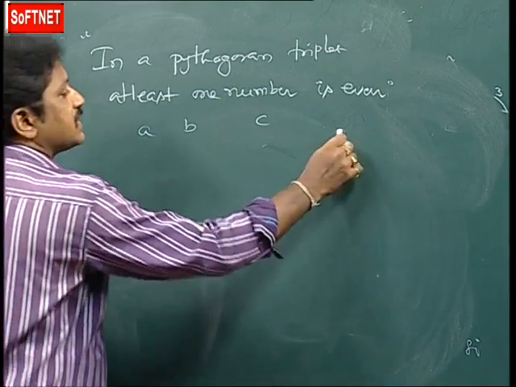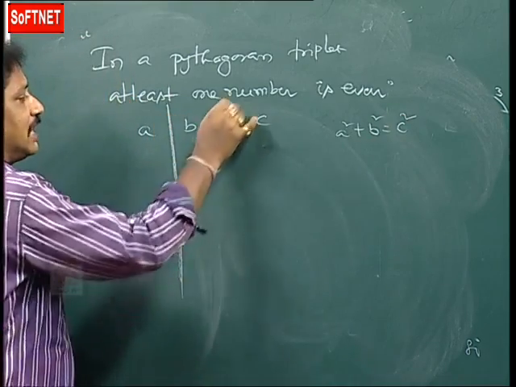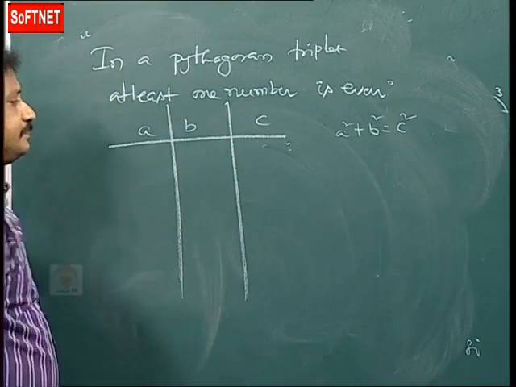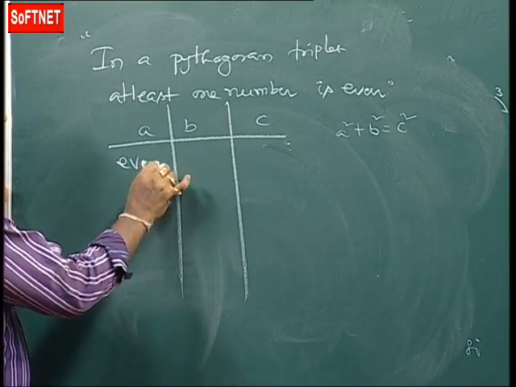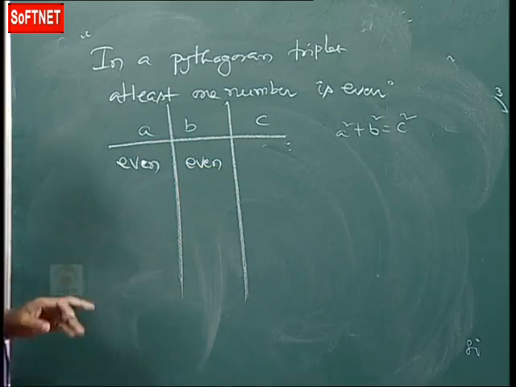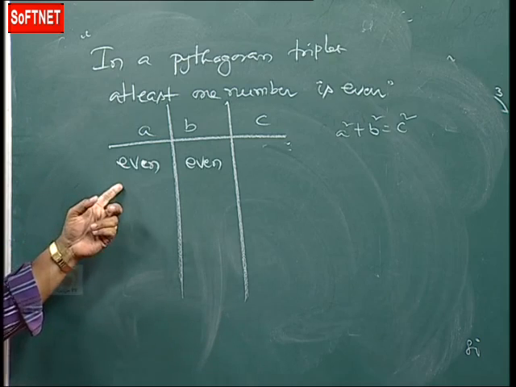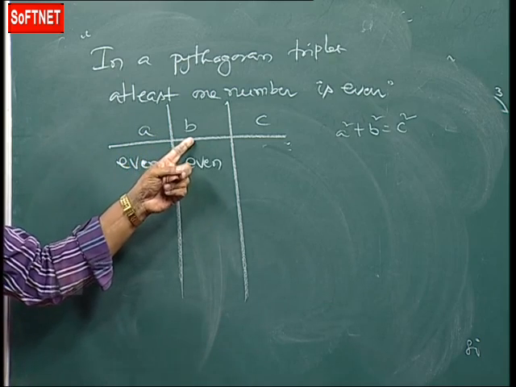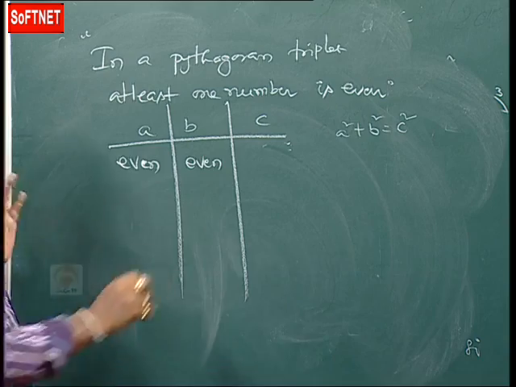Means A square plus B square equals C square. Now I am writing the possibilities. A is an even number, B is an even number. Now coming to C: A square, even number; B square, even number.